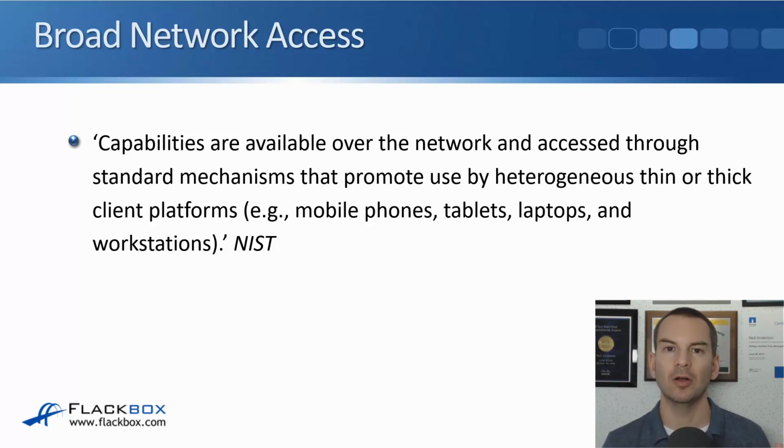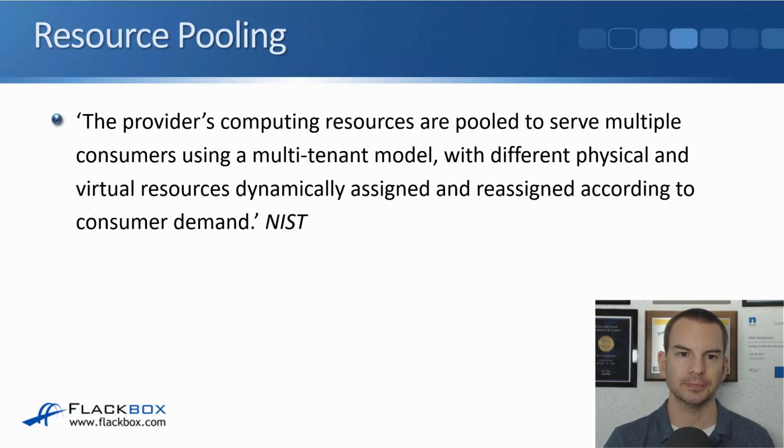A cloud service has to meet all of these characteristics. So broad network access: the capabilities are available over the network and accessed through standard mechanisms that promote use by heterogeneous thick or thin client platforms like mobile phones, tablets, laptops, and workstations. With a cloud service, it should be able to be accessed from anywhere, from the company's offices or from anywhere out on the internet as well, and from a variety of different clients.